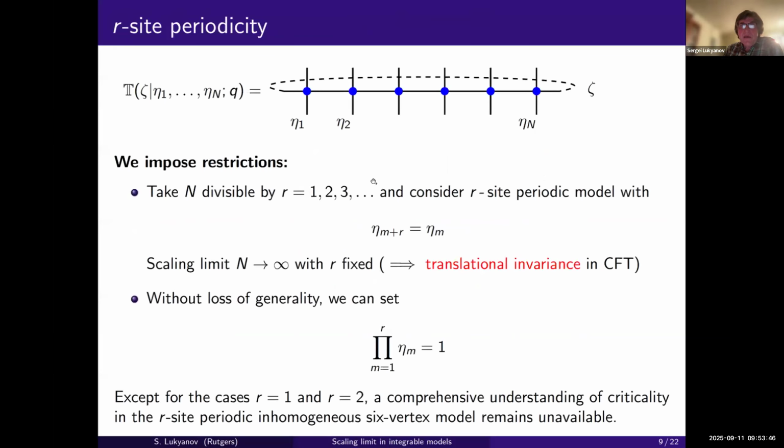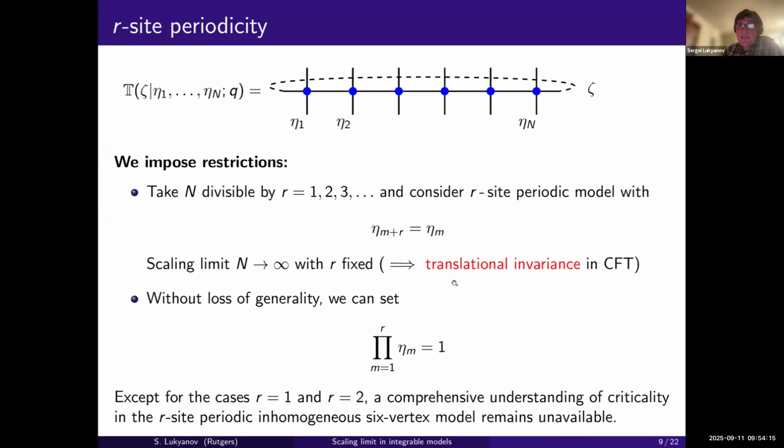All right, and among the conditions, it seems rather natural to impose the so-called periodicity condition. It means that the pattern of inhomogeneities is periodically repeated with period R, where R is an integer which is kept fixed. Then in the limit when N goes to infinity with R fixed, we may expect the occurrence of translation invariance in the continuous theory.